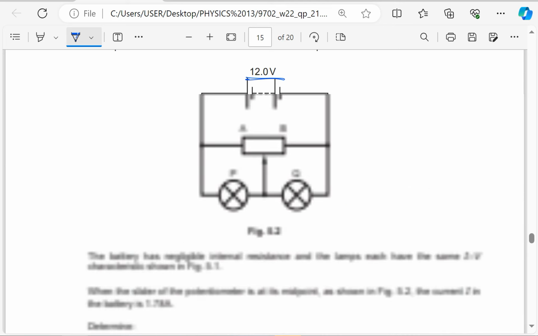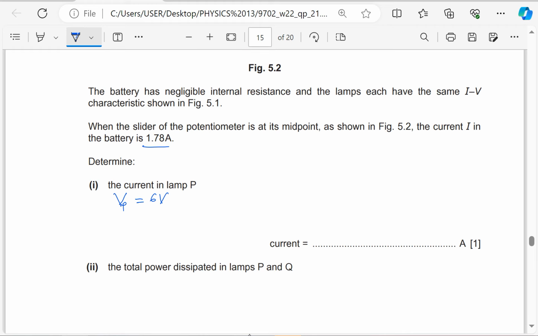So from the graph, 6 volts corresponds to 1.55 amperes. So the current in lamp P is 1.55 amperes.